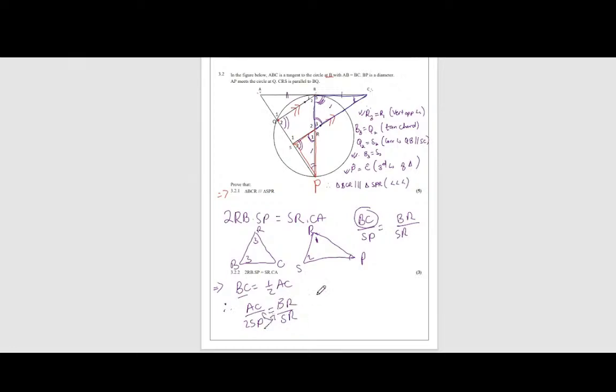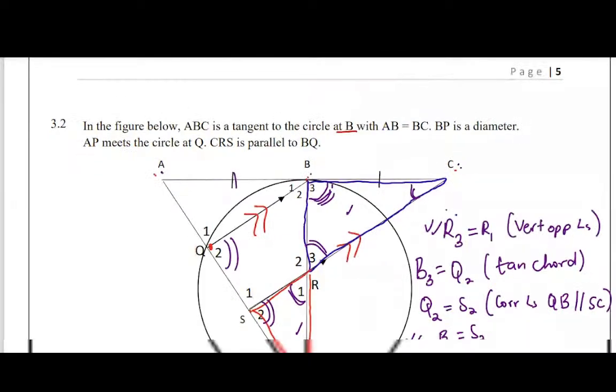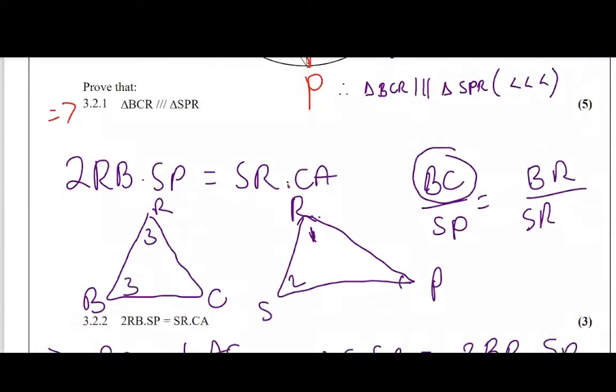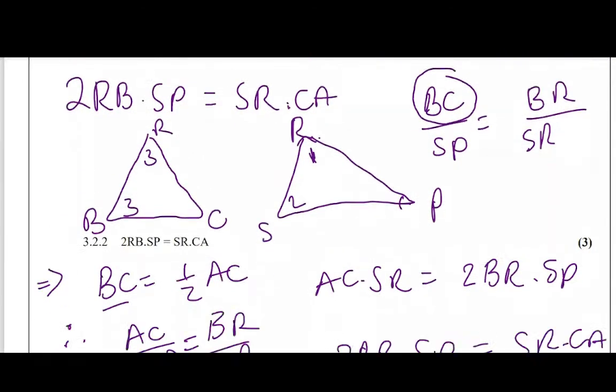So if we cross multiply, our AC times SR is the same as 2 times BR times SP, which is just the same thing as what they gave us. So I can rewrite it and say 2RB times SP is the same as SR times CA, just moving it around. So that is how I would have worked that out.